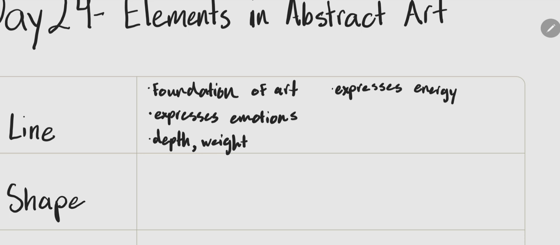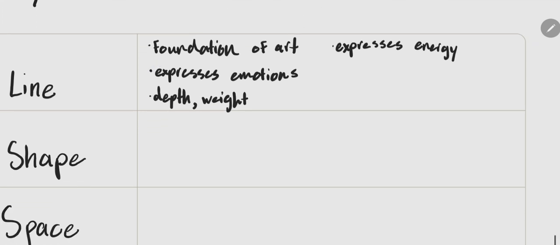As well as we have shape, and shape is what is used to divide the picture. Especially in abstract art, we would use geometric shapes, bubbly shapes, to portray the different feelings. So it's kind of like lines.